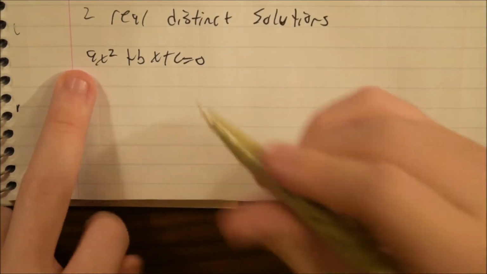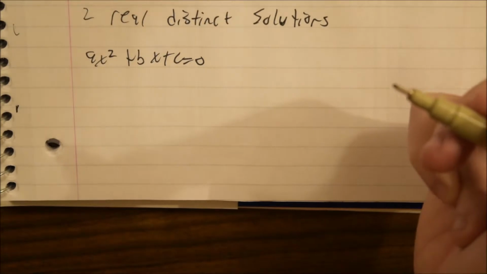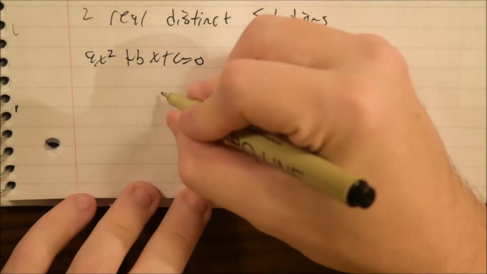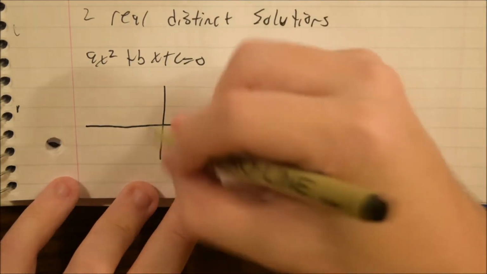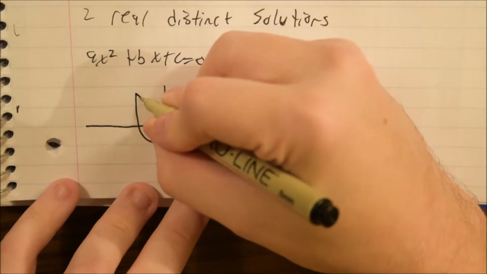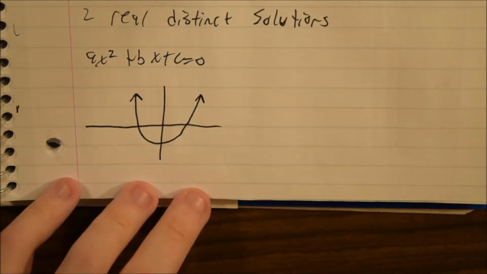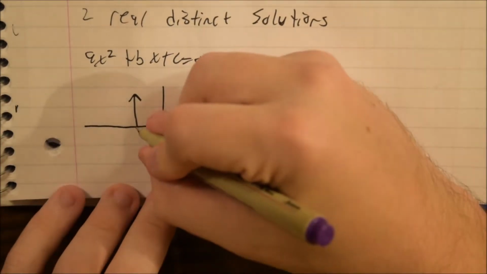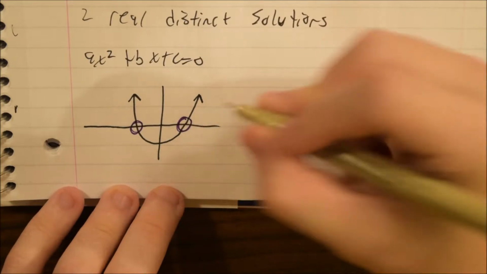So if I were to graph this equation, it should cross the x-axis twice. An example of a quadratic equation as a graph should look like this, and where it crosses the x-axis are my two solutions. This would be my first solution, and this is my second solution.